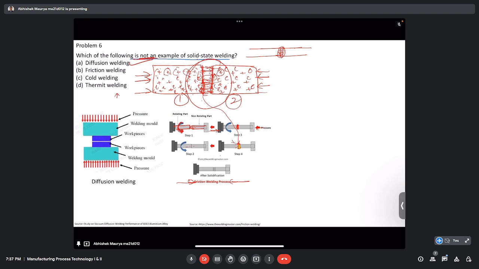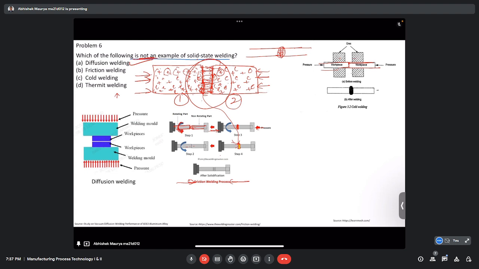And the third one is cold welding. It is very similar to friction welding. The only difference is that here both workpiece materials are brought together with the help of dies.